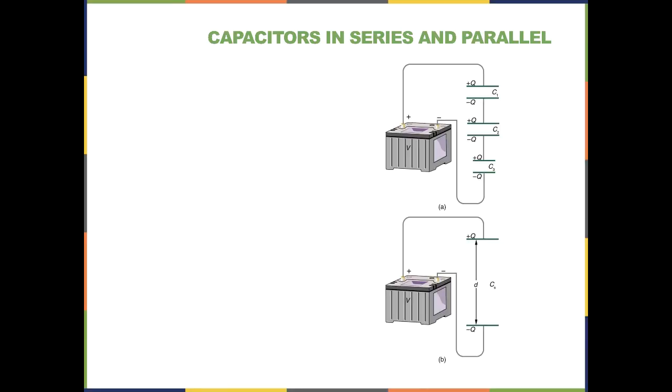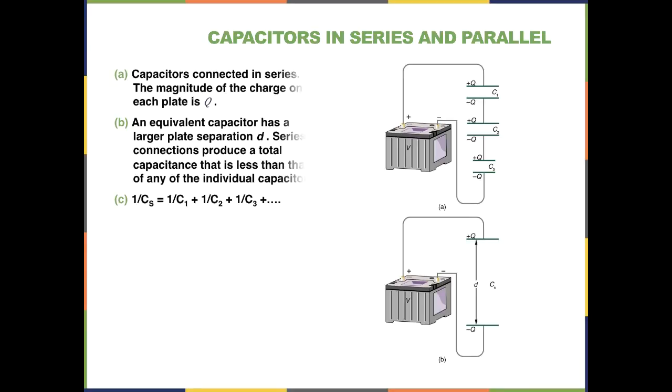And in any situation where you set up capacitors this way, or resistors, or anything else, you can substitute for the 3 different capacitors one single capacitor called C sub S, sometimes also called CE, standing for the equivalent capacitor, if you had just one capacitor. And basically what it does is it tries to represent the total distance between the two.